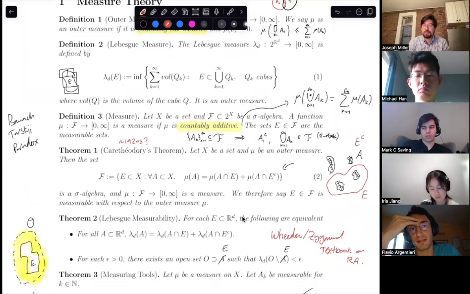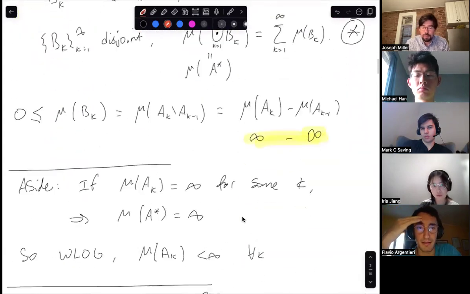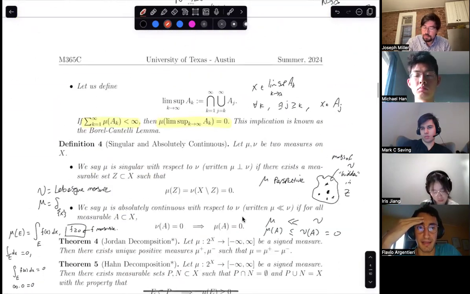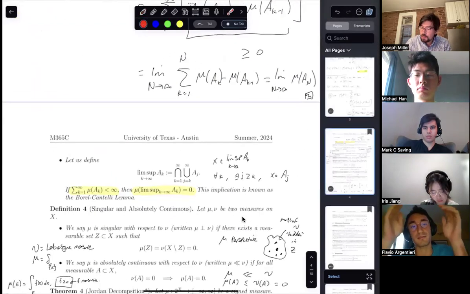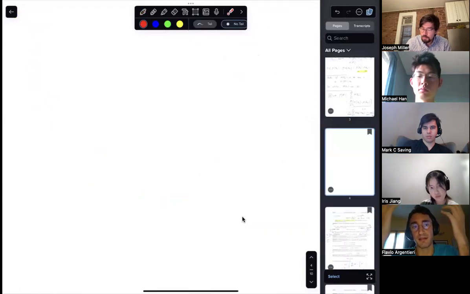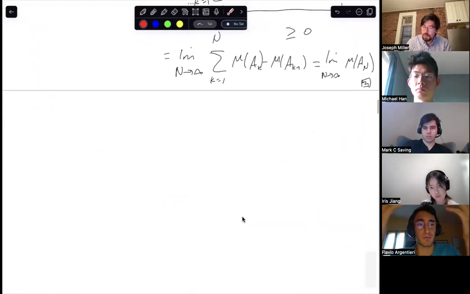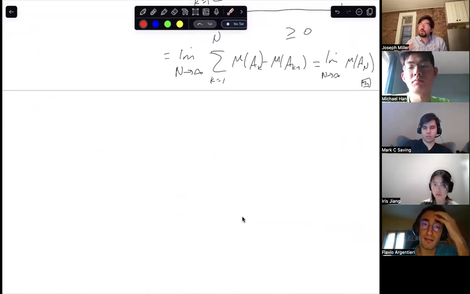How is the Carathéodory sigma algebra related to the Borel sigma algebra? Because I remember reading that it's strictly larger. But my question exactly was, is it maybe the same as the Borel sigma algebra augmented with the null sets, something like that? Yeah, generally, you'll run into this.